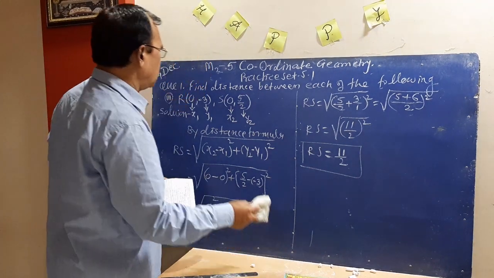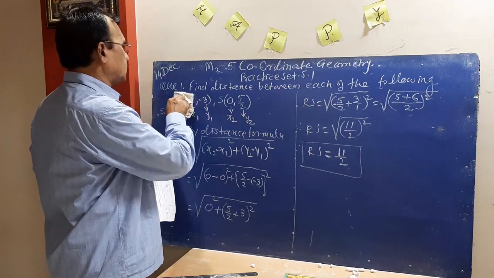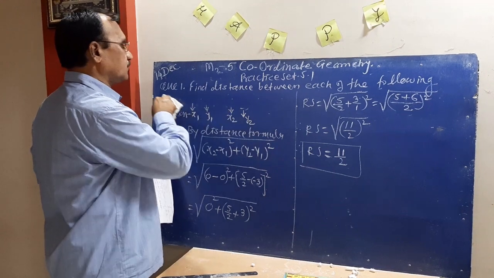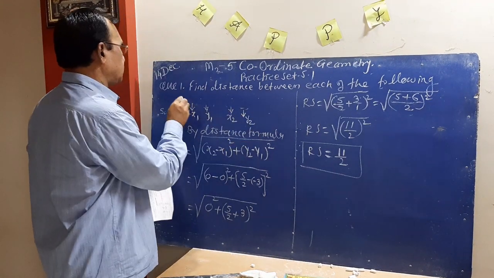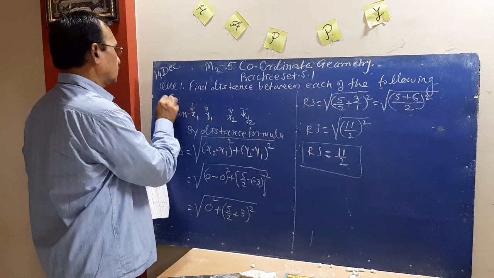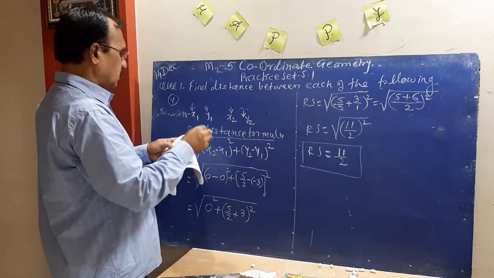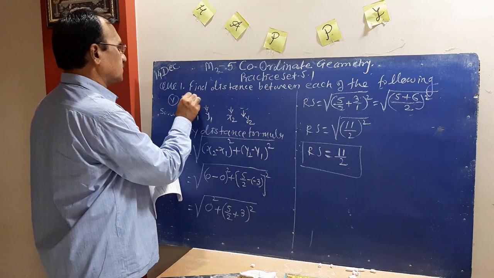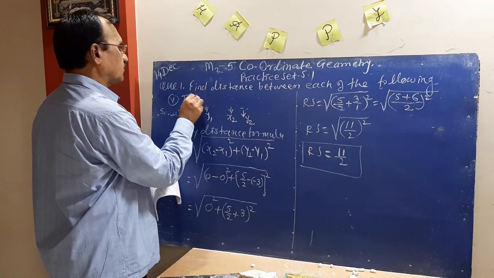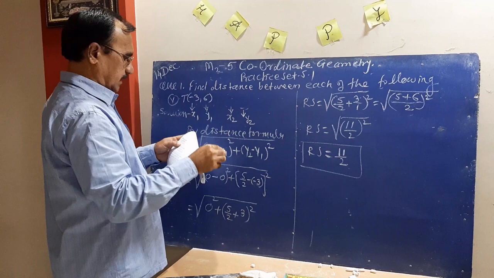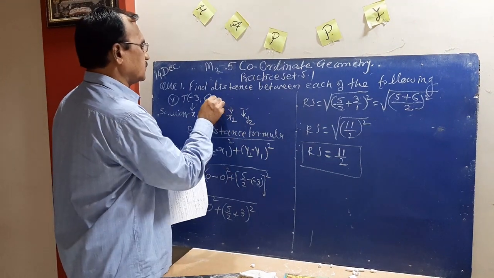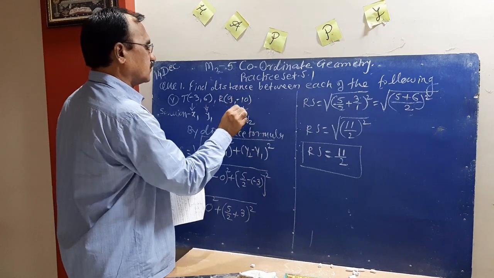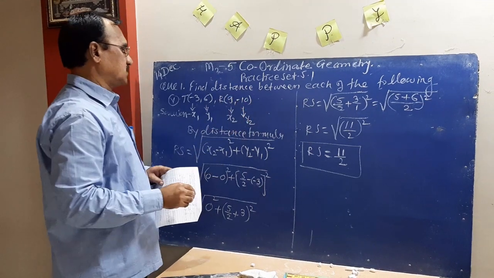This is a very easy example. Now next, fifth example. Here T (minus 3, 6) and R (9, minus 10).